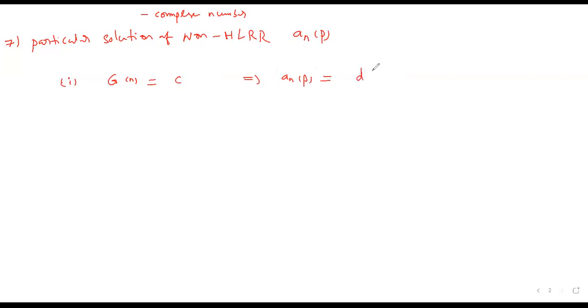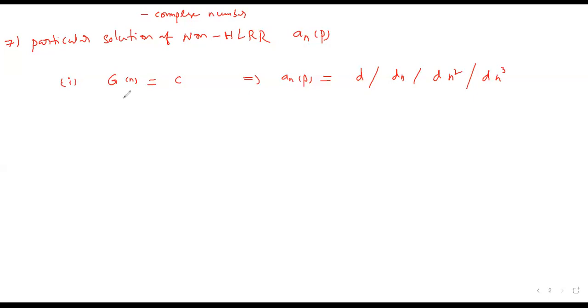Suppose the constant d is not satisfied, immediately you can take dn. Suppose dn is not satisfied, then you can take dn square. Then dn cube. Similarly, we have to test. This is the case 1.